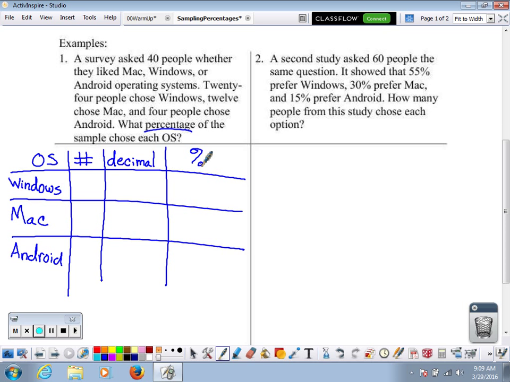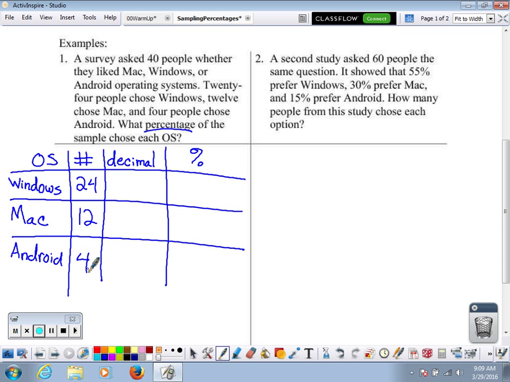So let's start with this. The number of people that chose Windows was 24. The number of people that chose Mac was 12. And the number of people who chose Android was 4. Now, I want the decimal for how much of my sample chose each one of those operating systems.